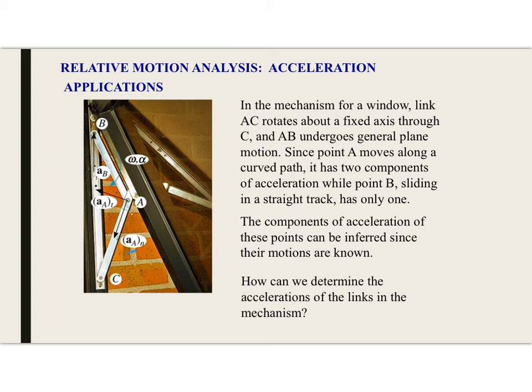Notice here they have it labeled a normal component of acceleration and a tangential component of acceleration. And so those are some of the things that we're trying to figure out, again, using relationships between two different points.